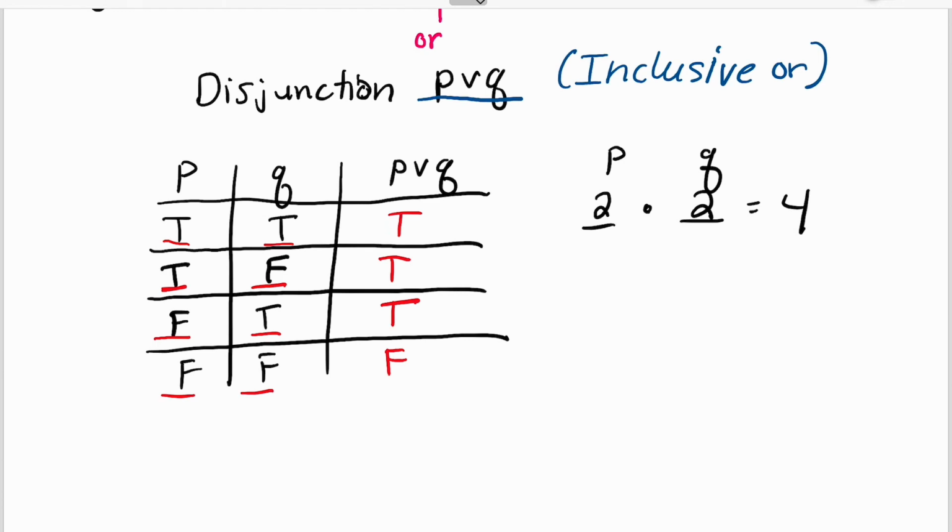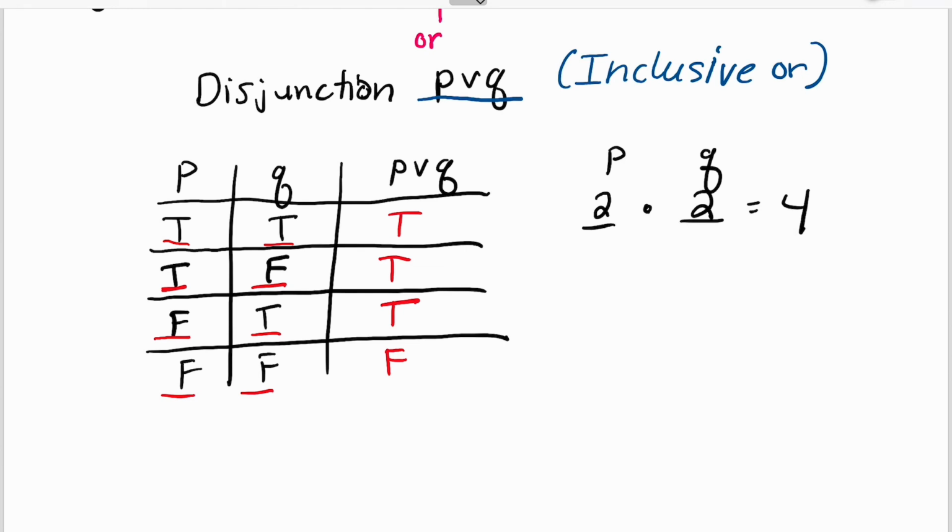The or that we just discussed in this truth table is called the inclusive or. That means that the disjunction is true when at least one of the 2 propositions is true. Later on, when we talk about the exclusive or, that means exactly one of those propositions is true.